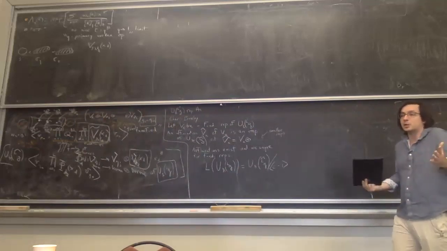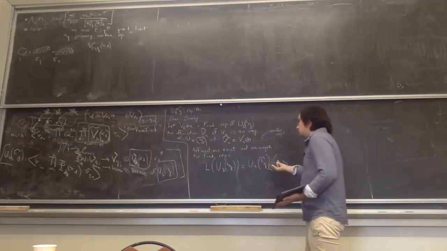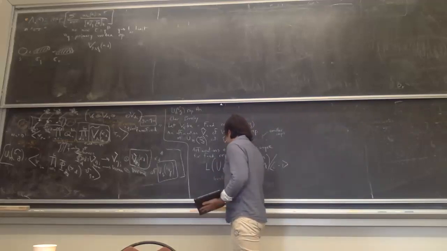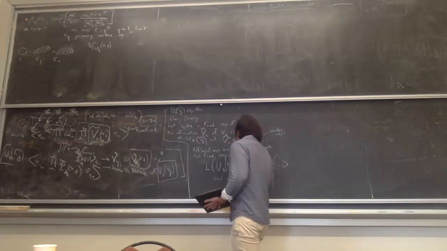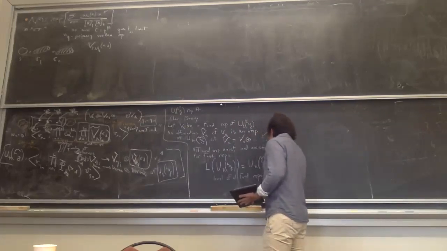For finite dimensional representations, you're only looking at the loop algebra. In particular, the level of all finite dimensional representations is 0.